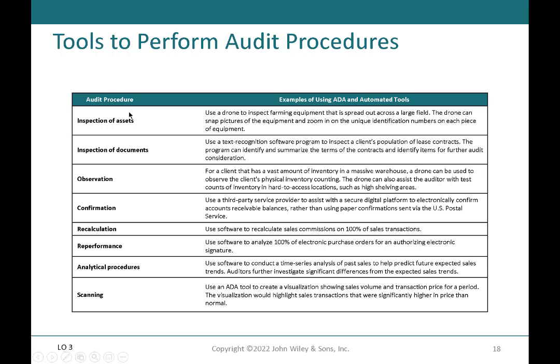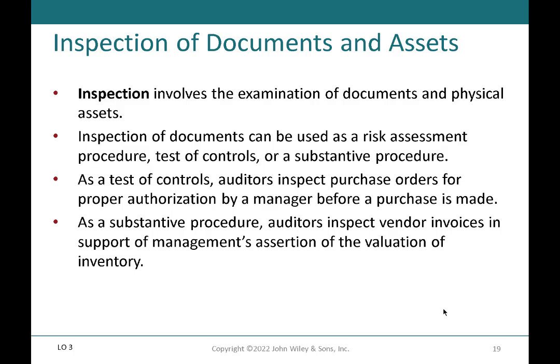So we're going to go in detail and look at each of these different types of audit procedures. This particular slide gives you some good examples of how technology is actually used to help auditors perform these procedures. So we'd like to be able to collect the evidence in the most efficient manner possible. So, technology a lot of times helps us accomplish that.